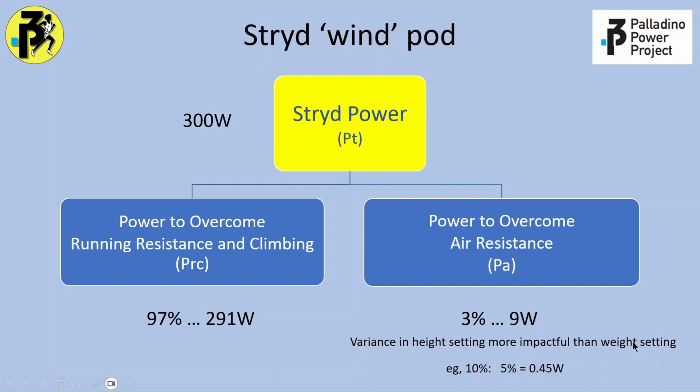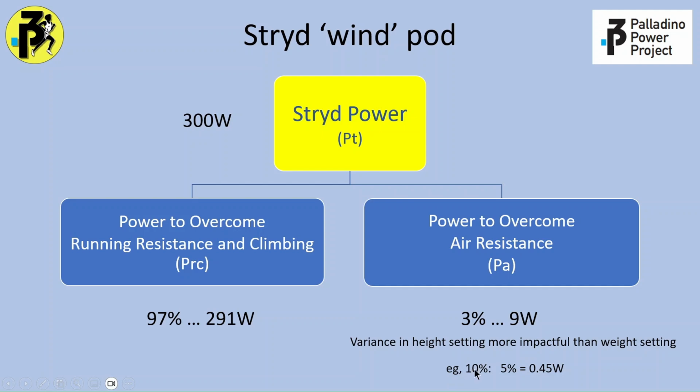Weight setting, let's say it's fixed. Let's say that example is 70 kilograms, but the athlete's real weight is 77 kilograms, 10% off.